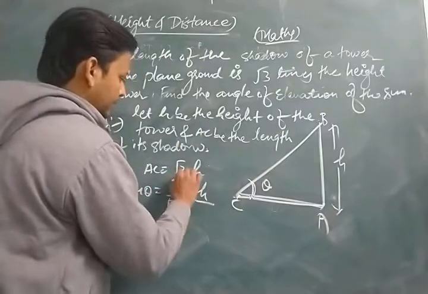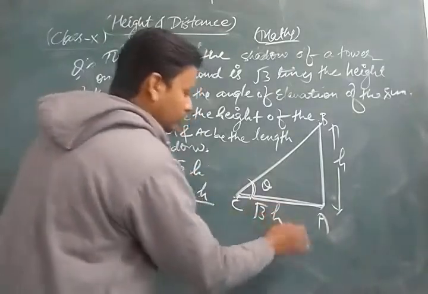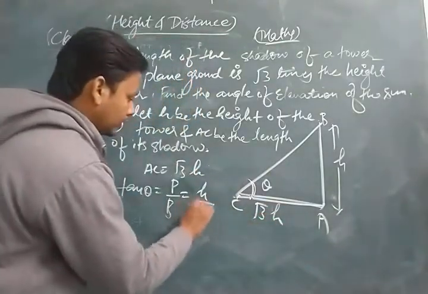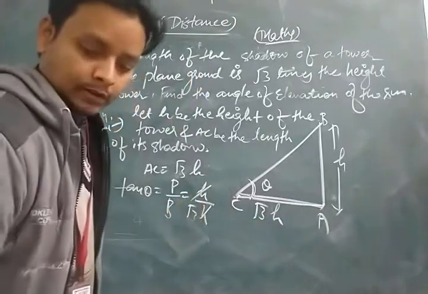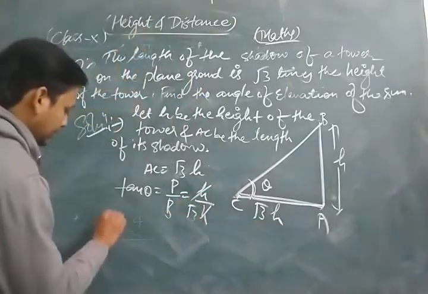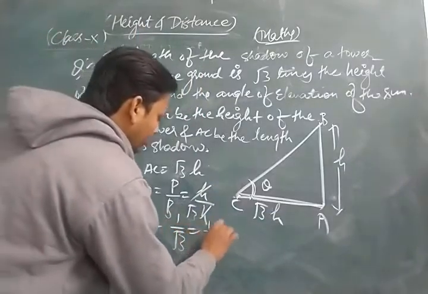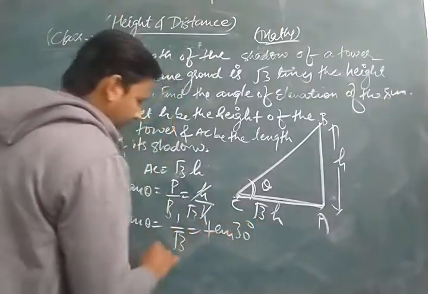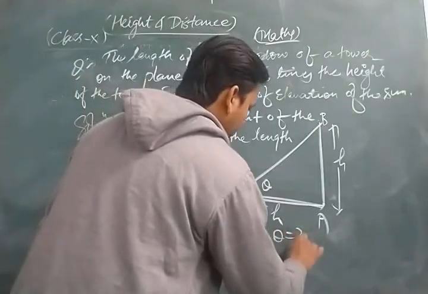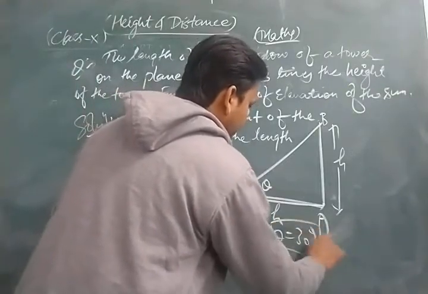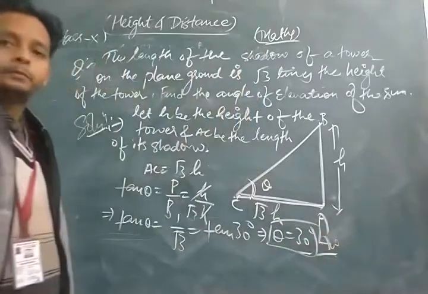Perpendicular is h and base AC is root 3 into h. So h is cancelled, and tan theta is equal to 1 upon root 3. This is the value of tan 30 degrees. On comparing both sides, theta will be 30 degrees. So the angle of elevation is 30 degrees.